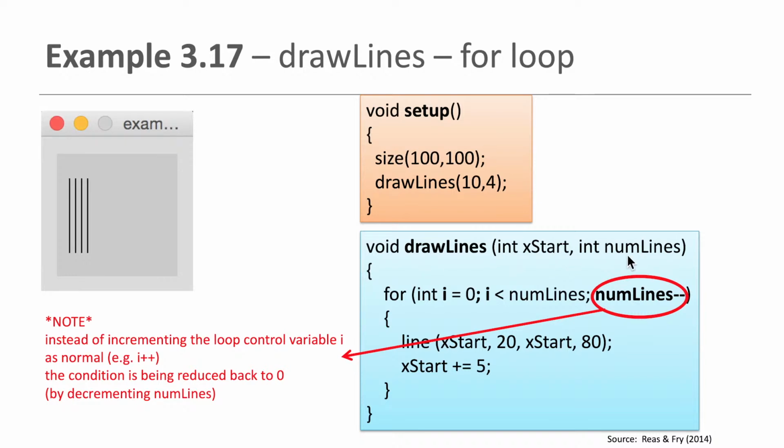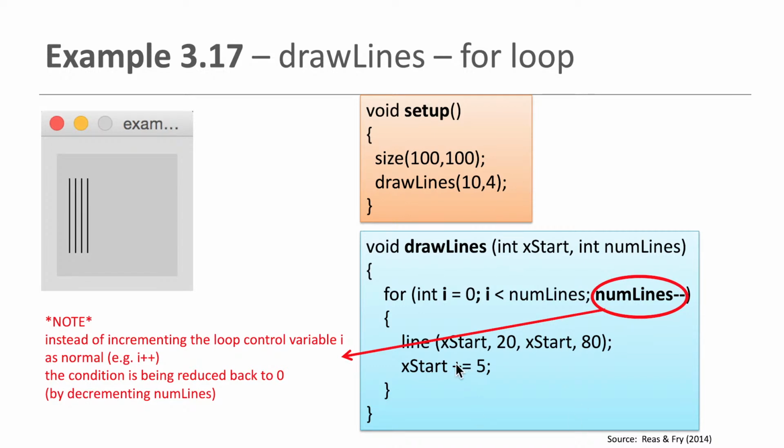Here we're using a for loop: int i is assigned the value 0, keep going while i is less than the number of lines, decrementing the number of lines, so num lines minus minus. So instead of counting up, we're counting back.